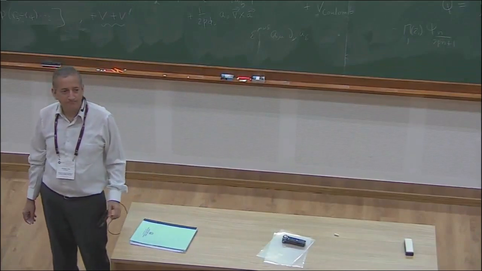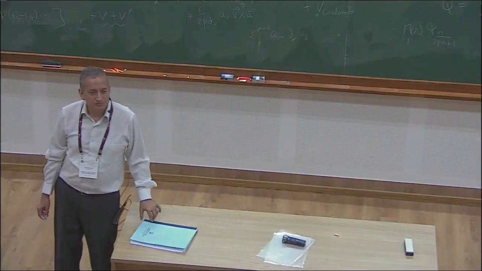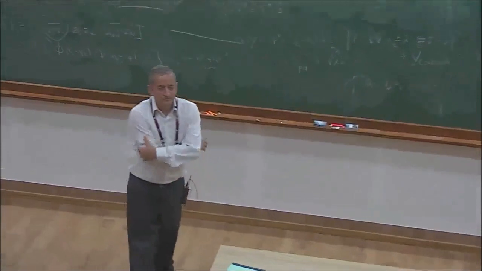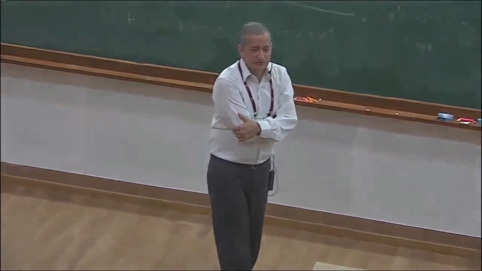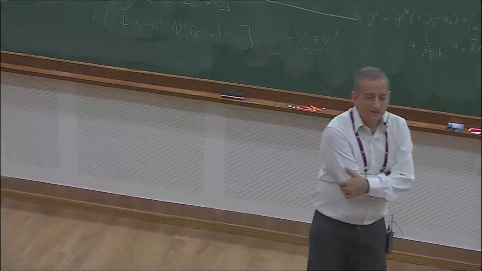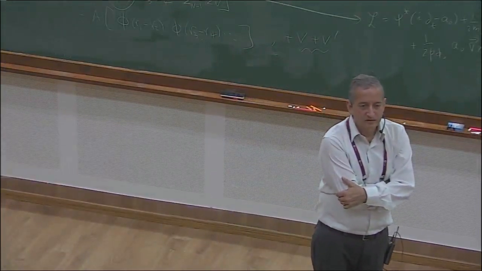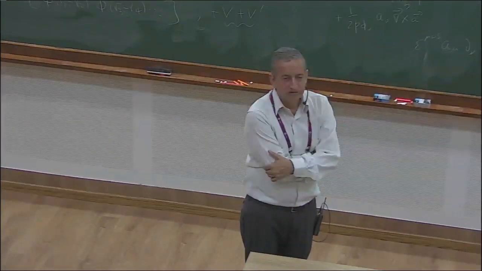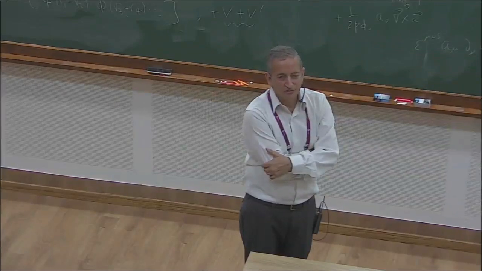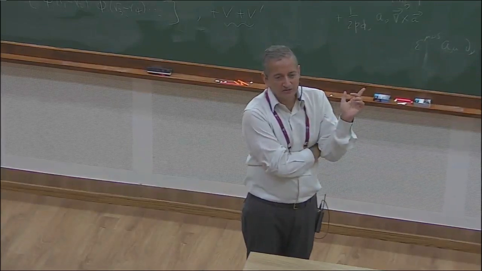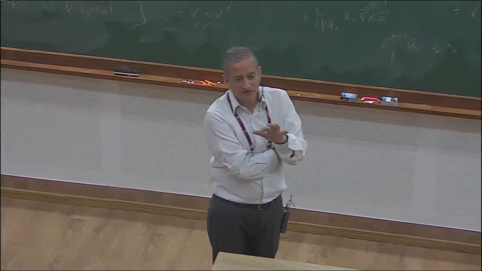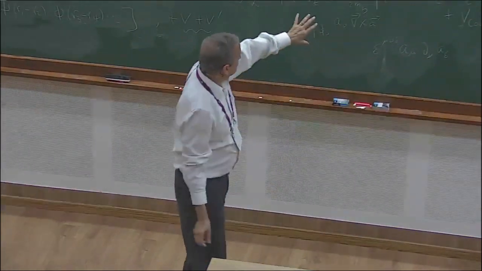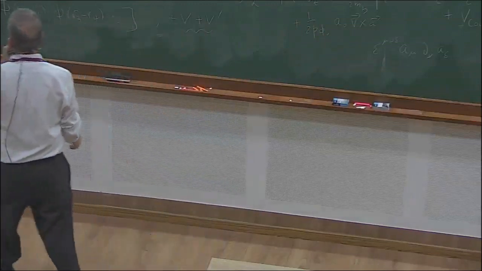You do the random phase approximation. So there is a way to translate these quantities into measurable quantities for electrons. Whatever one is calculating, one has to do a mean field approximation.